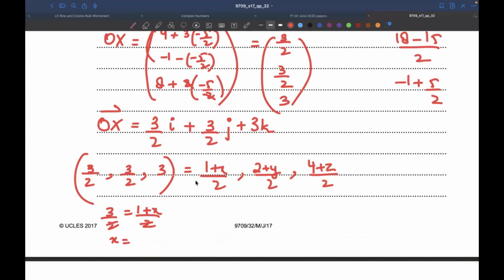Then 3 upon 2 equals 2 plus Y upon 2, so 3 minus 2 is 1, so Y equals 1. And 3 equals 4 plus Z upon 2, so 3 times 2 is 6, 6 minus 4 is 2, so the value of Z will be 2. So the coordinate of the point of reflection of A, in vector form, will be 2i plus j plus 2k.